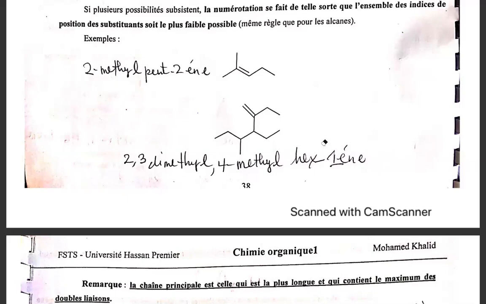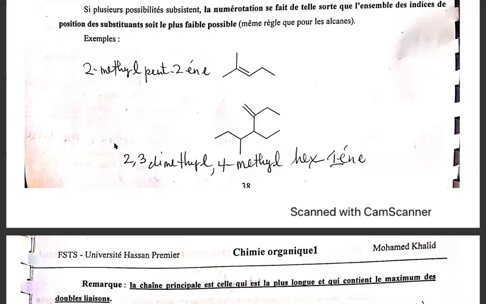If it's an aldehyde, the same thing. If it's a ketone, the same thing, etc. So these rules that we're applying for the alkenes are the same ones we are going to apply for different functions. Like alcohols, the carboxylic acids, the nitriles, and ketones, etc.